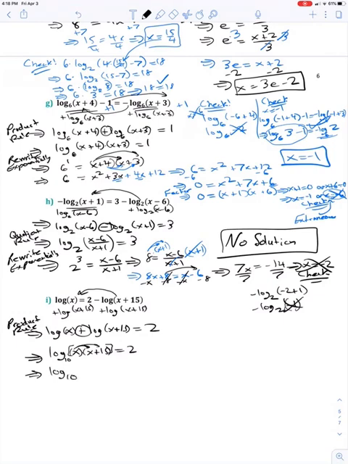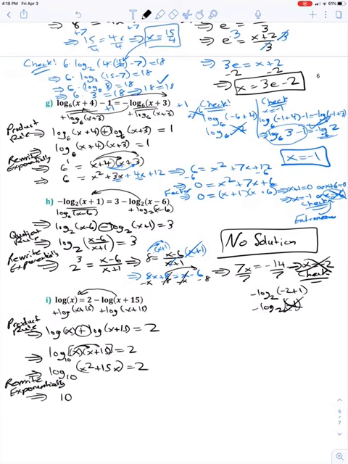So we end up with log base 10 of x squared plus 15x, the product, equal to 2. And then we're ready to convert it. We want to rewrite it exponentially. So let's go ahead and convert exponentially. Log base a of x equal y.